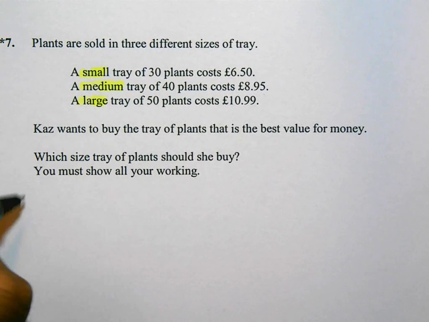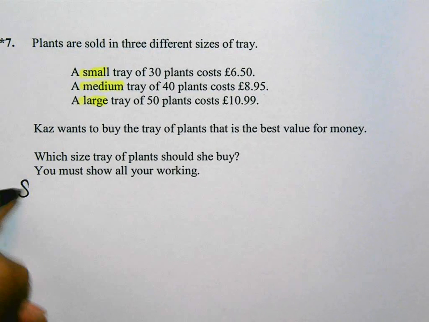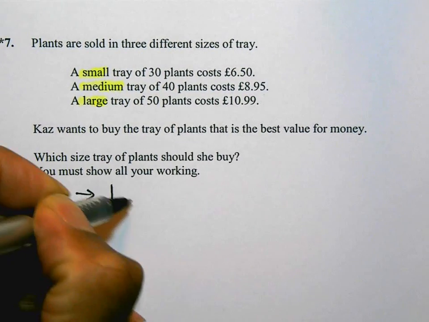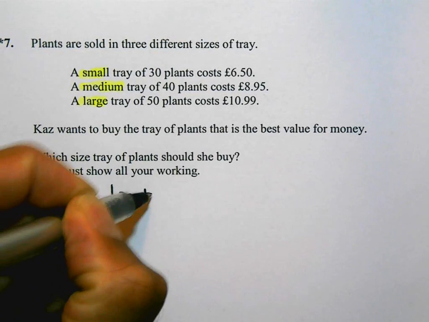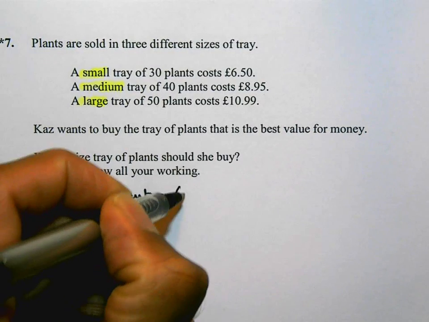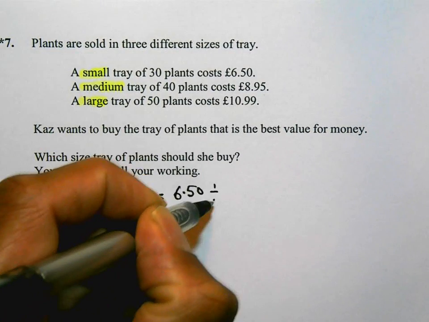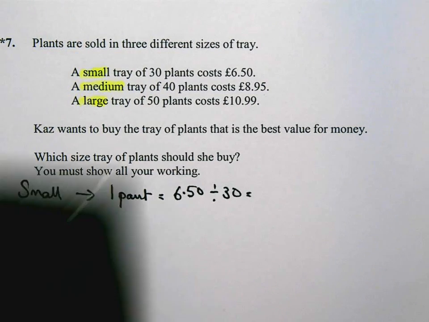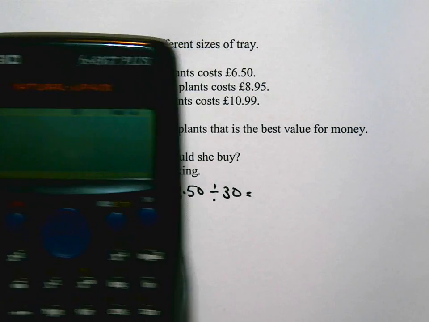So for a small tray, 1 plant is going to be, well, 30 plants cost £6.50, so 1 plant is going to be £6.50 divided by 30. Let's see what you do for that.